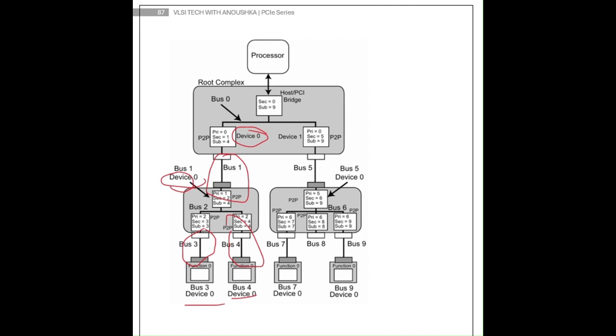PCI enumeration assigns a bus number to each PCI link and P2P bridge. Let us now understand how to assign the secondary bus number and subordinate bus number. What do we mean by secondary bus number? It is the minimum bus number in the tree under the bridge, and the subordinate bus number is the maximum bus number in the tree under the bridge.